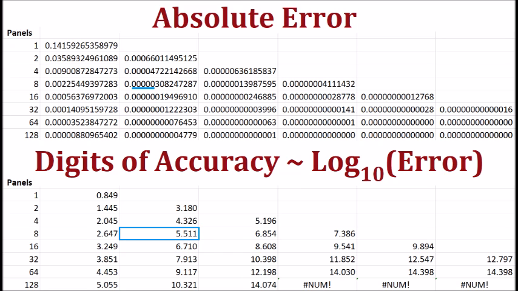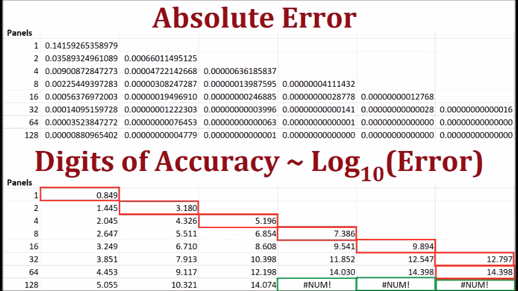For illustration, I have highlighted a particular entry with blue. There are 5 zeros in the error, which is what 5.5 rounds down to. The same pattern applies to every other entry. Pause the video and verify a few for yourself. Consistent with what we just saw, the most digits of accuracy for a given number of panels occur in the rightmost entry of each row.